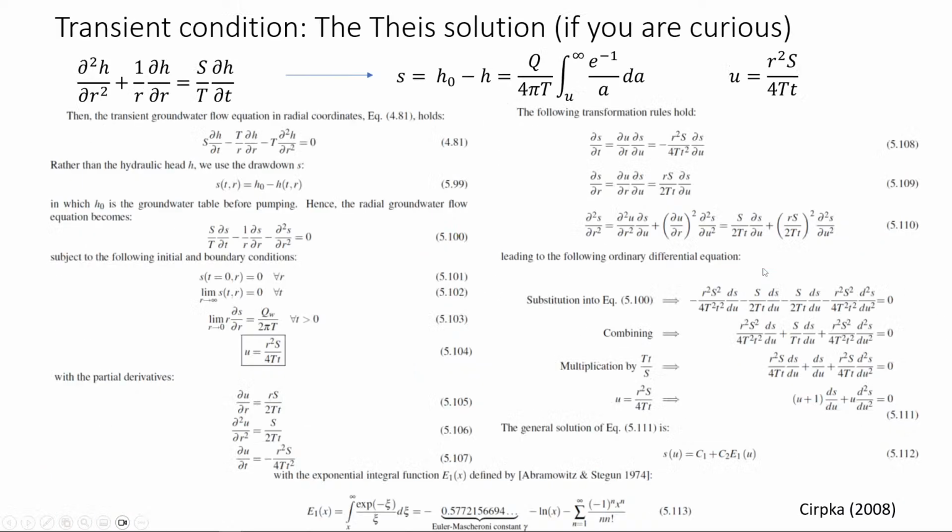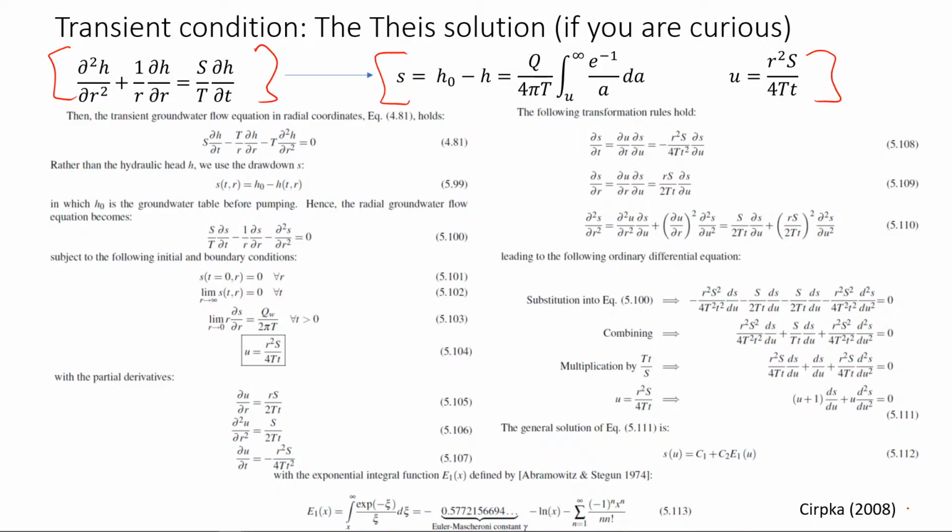Okay. If you are interested in the math, I got this from the Theis solution. If you are curious how we got from here to here with this initial and boundary condition, you can check this.